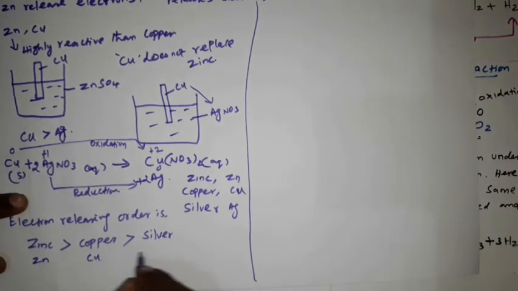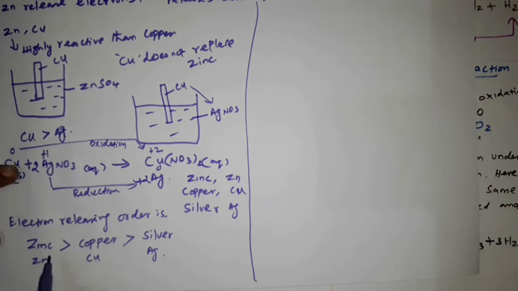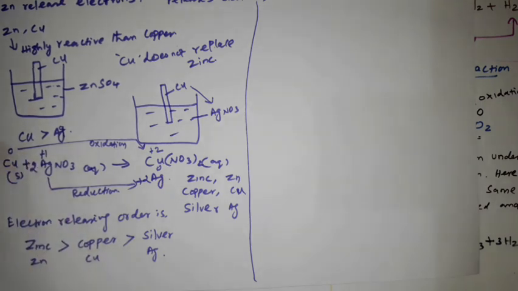Zinc, copper, silver. Clear? So this is called competitive electron transfer reaction. The atom which releases electrons first is called the highly reactive atom. So this is called competitive electron transfer reaction.